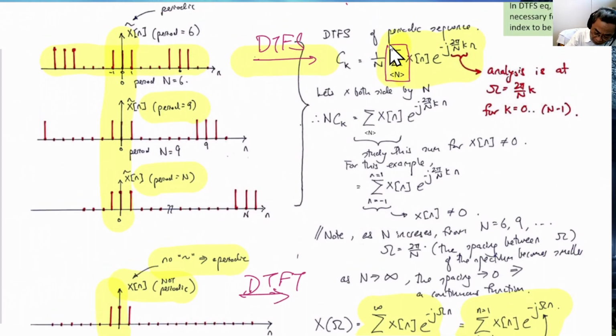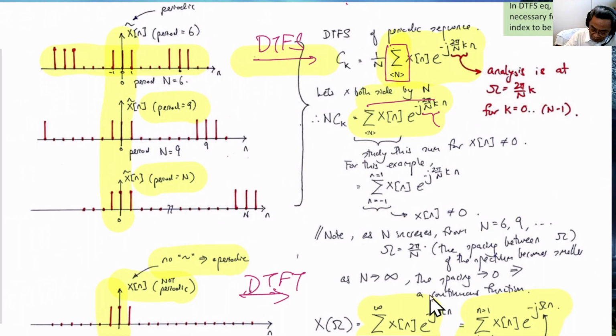So actually, once you realize that, isn't it obvious that when we move N across here, N c_k equals this particular equation, and this particular equation is the DTFT of the aperiodic signal for the correct omega. Okay, so we have to choose what omega we want to use, and the DTFS is always 2 pi over N times k, and in DTFT omega is continuous.